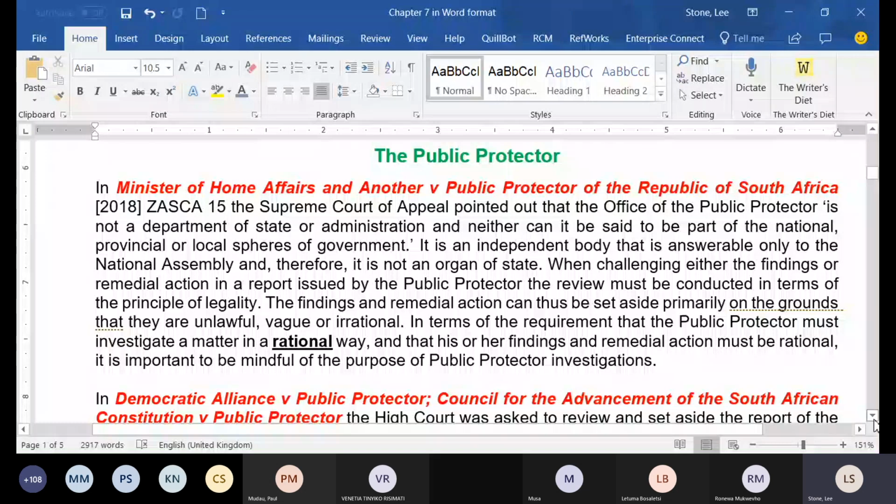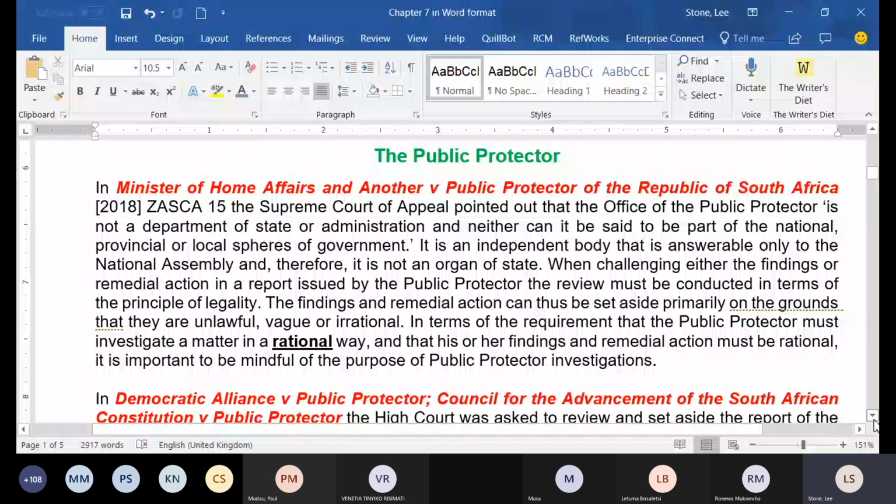And so he or she, and usually a she at this stage, their sole purpose is to rationally investigate the facts before them as contrasted against the power conferred upon him or her.